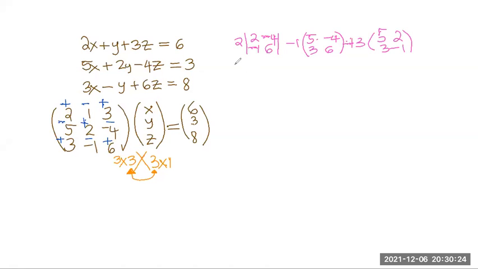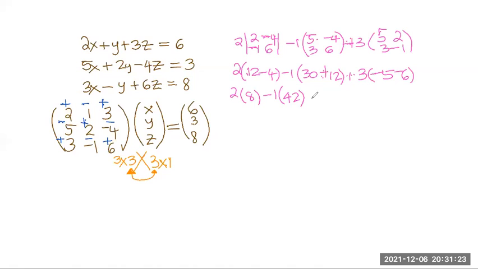And then this is going to become 2 into 12, negative 4, negative 1 into 30, plus 12, plus 3 into negative 5, negative 6, 2 plus 8, negative 1 into 42, plus 3 into negative 11.